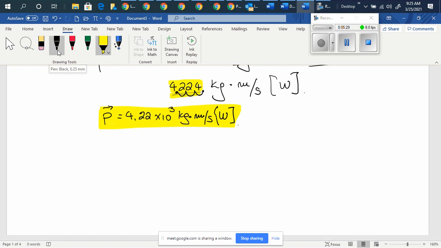So let's see another example. Example 2. Let's stick with the car.